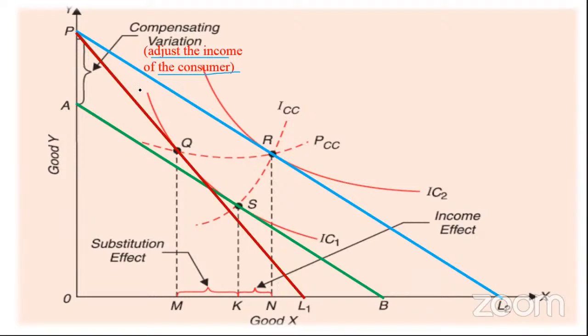For example, our budget line, or income line or price line, moves from L1 to L2.